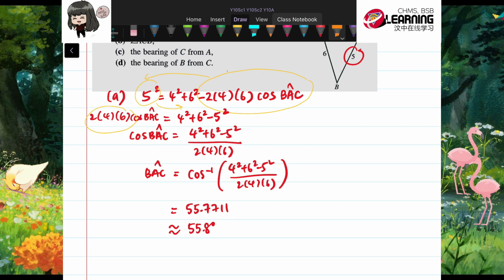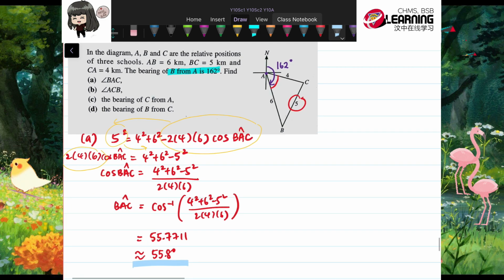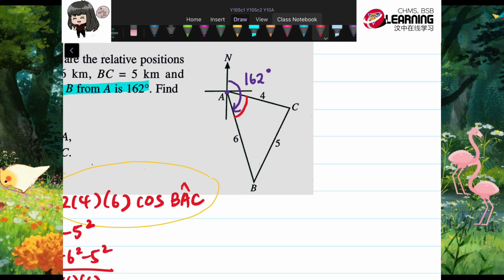So this is the answer. They're asking for an angle, not a bearing, so it's okay to have 55.8 without the 0 in front. So this is 55.8 degrees.